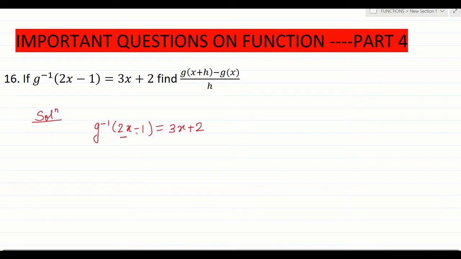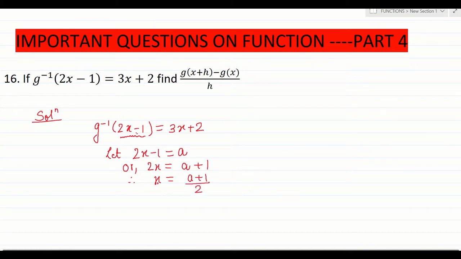This portion, which is inside the bracket, we'll suppose as a. So let 2x minus 1 equal a. We will solve this for x: 2x is equal to a plus 1. Therefore, x is equal to (a plus 1) by 2.